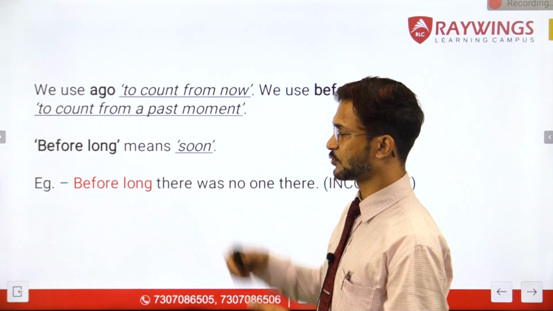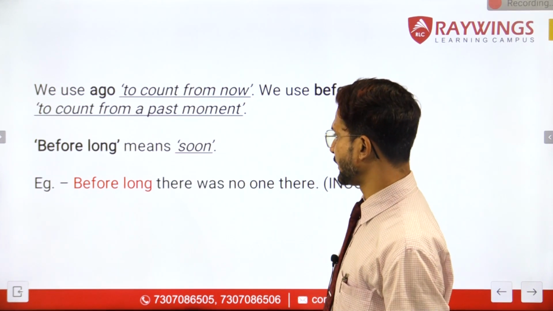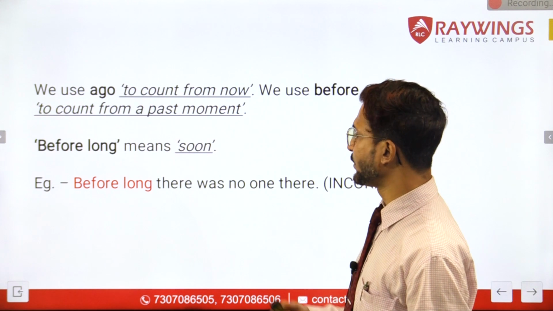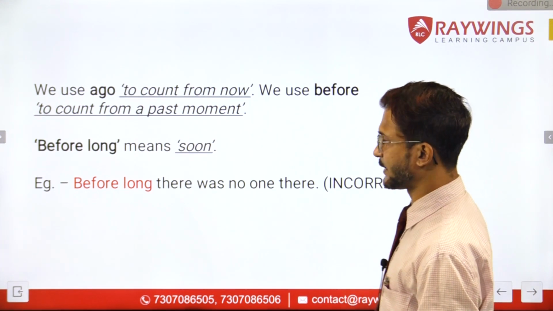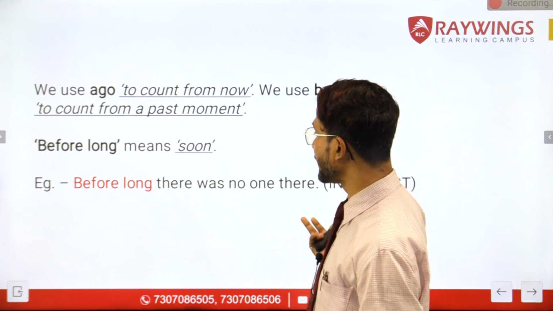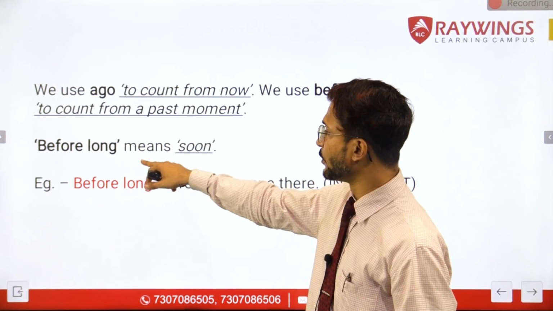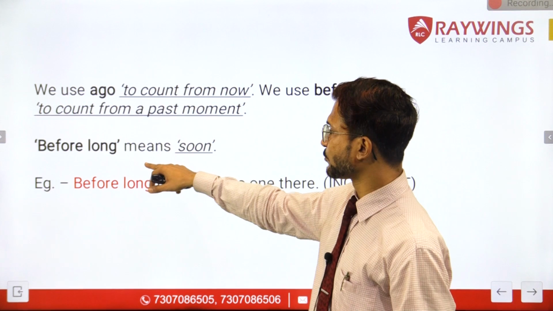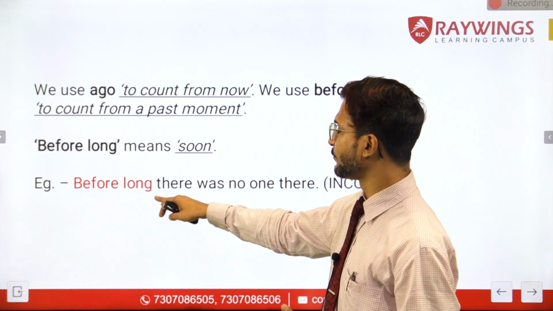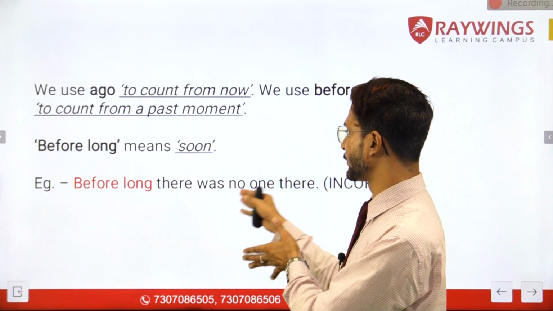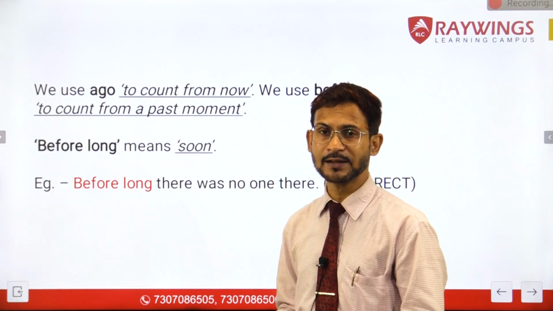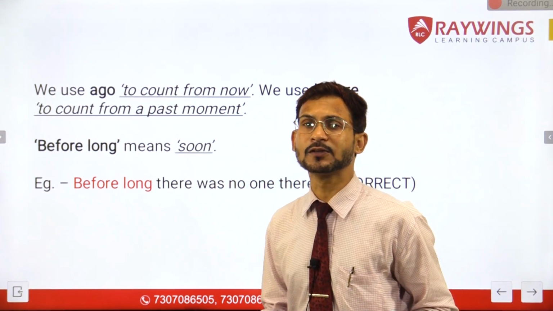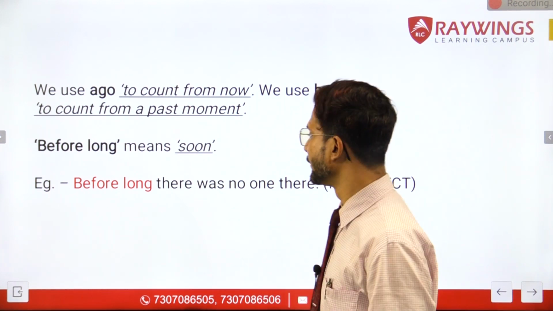Before long means soon. Let us see the example here. The example says, before long, there was no one there. Now this sentence is incorrect because before long means soon. So that means soon there was no one there. This is absolutely incorrect because it is not conveying the correct meaning, right?